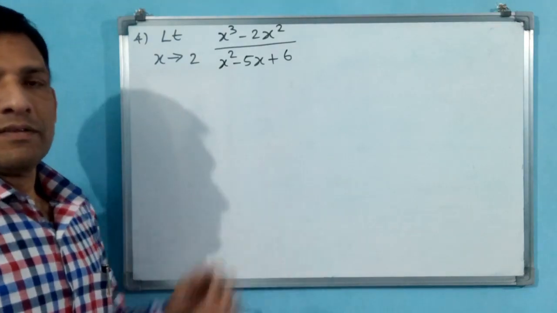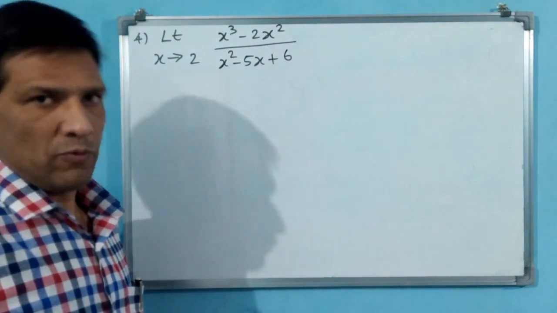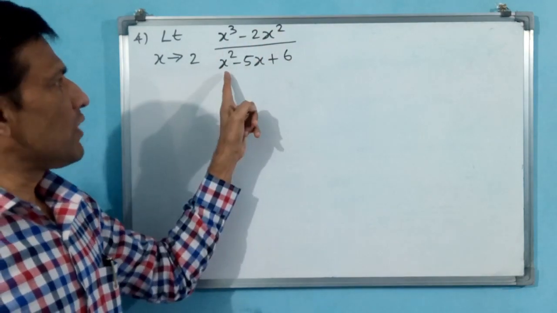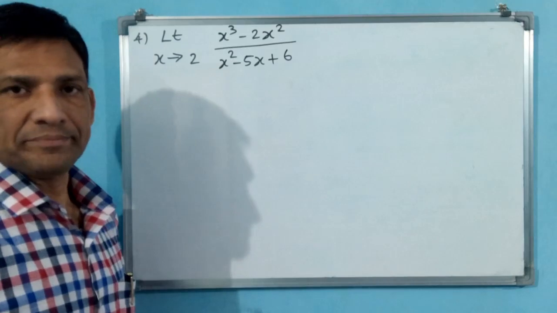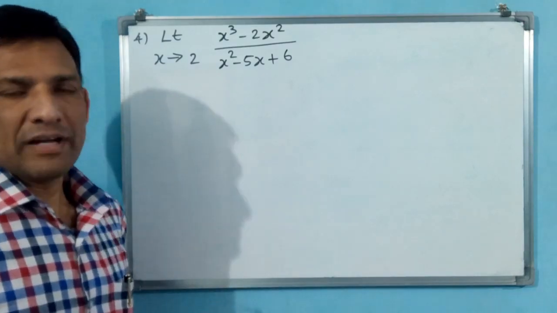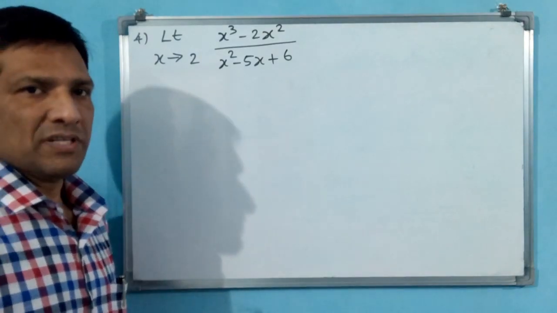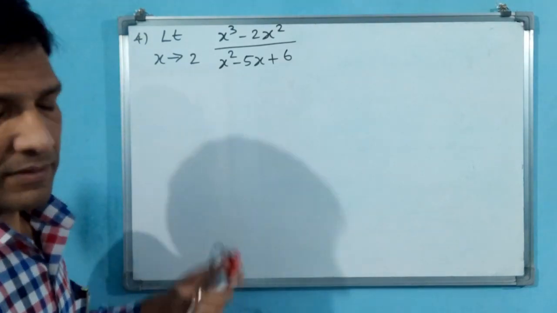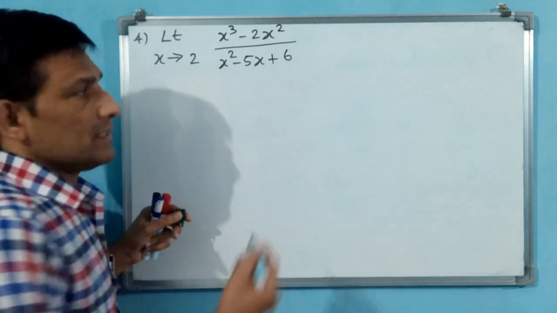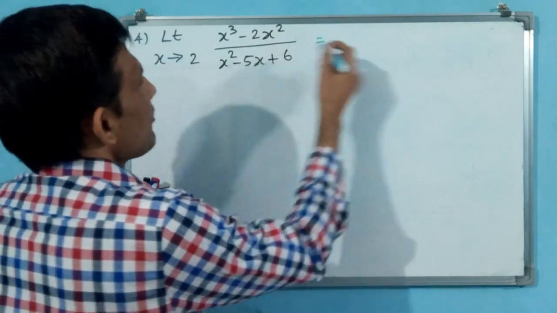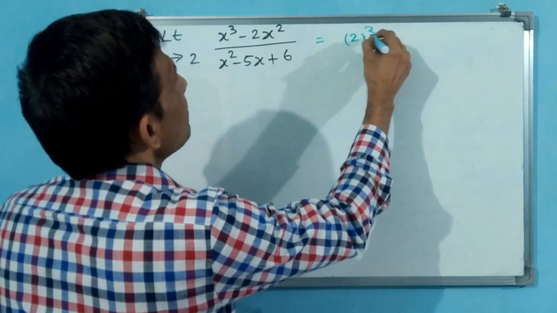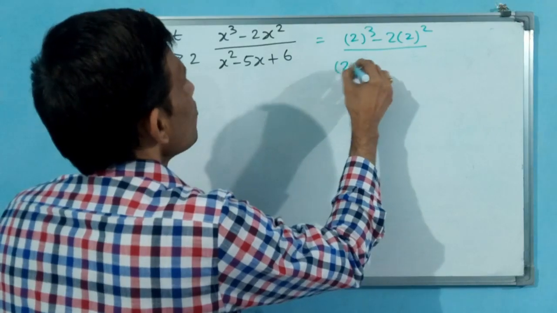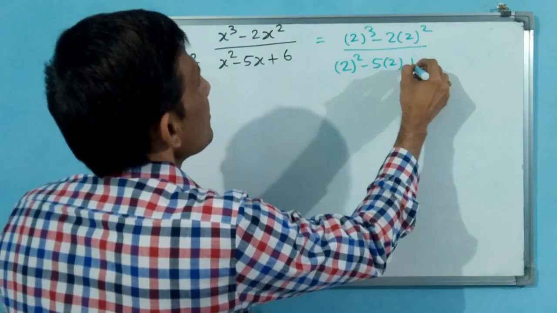See the fourth question. Example 4. Limit x tends to 2, x cube minus 2x square by x square minus 5x plus 6. Let us see what will come. If case 3 comes, again we will see how to do the factorization method. Let us apply the input. 2 cube minus 2 into 2 square divided by 2 square minus 5 into 2 plus 6.